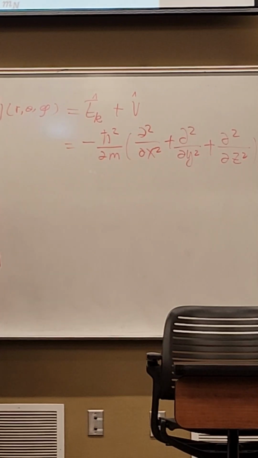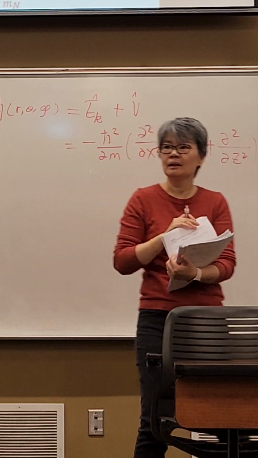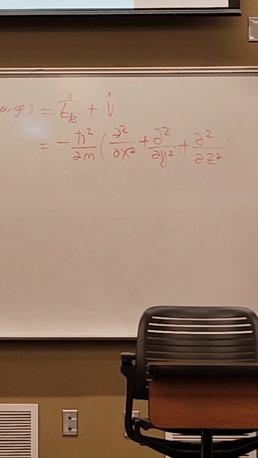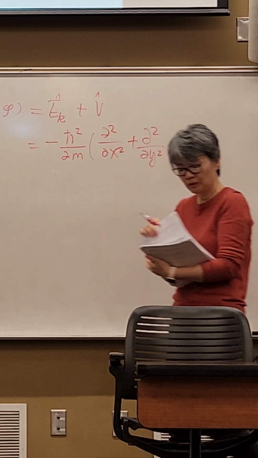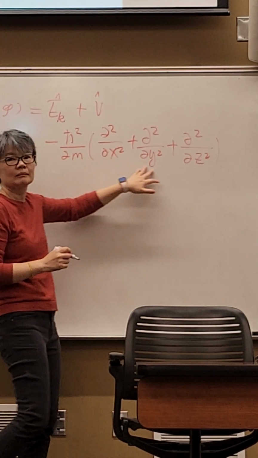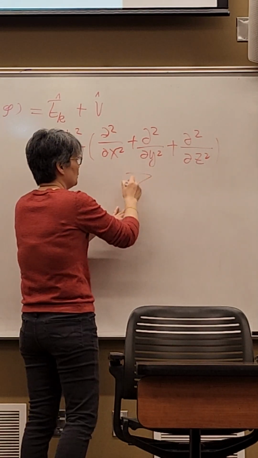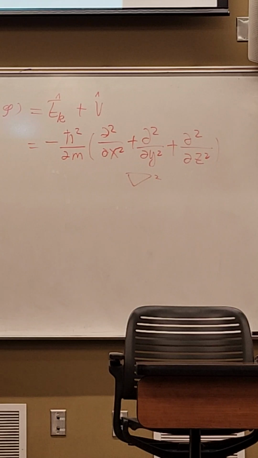Is that the same thing as del squared? Yes, okay, so let's see. Aiden, do you have something? Oh, yeah, go ahead. What do you think, will this equal del squared? Yeah. This whole thing equals del squared? Okay, great. Alrighty.